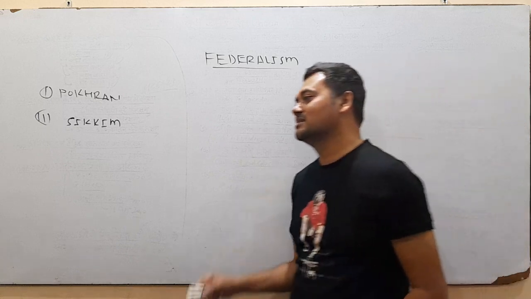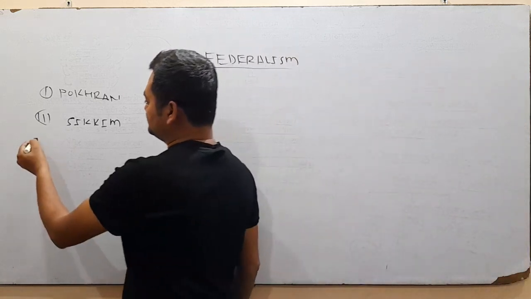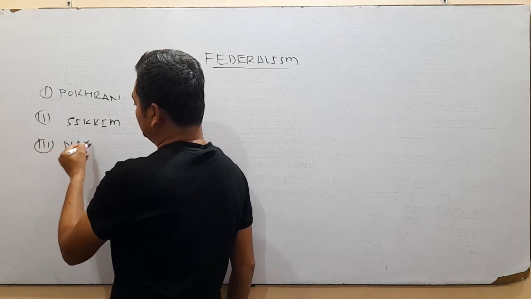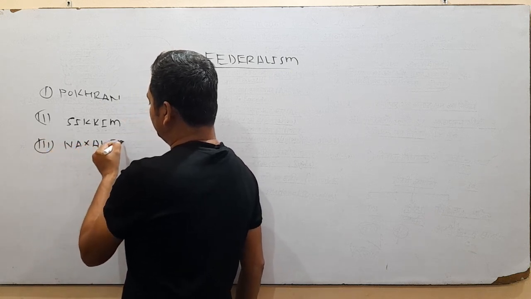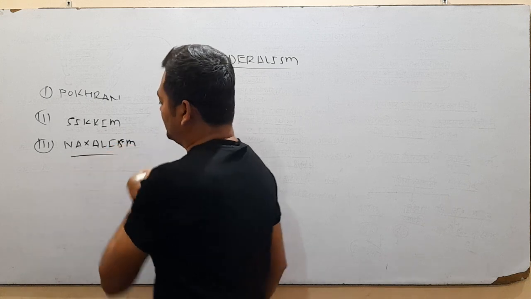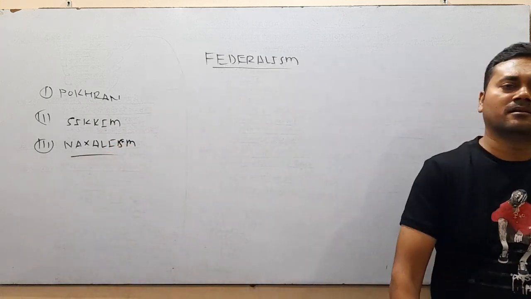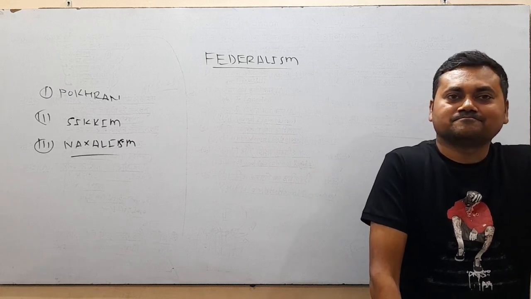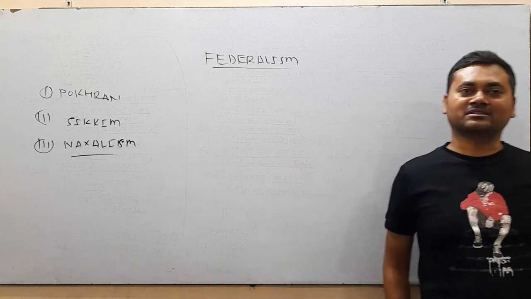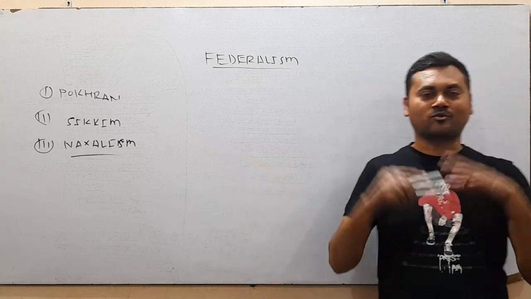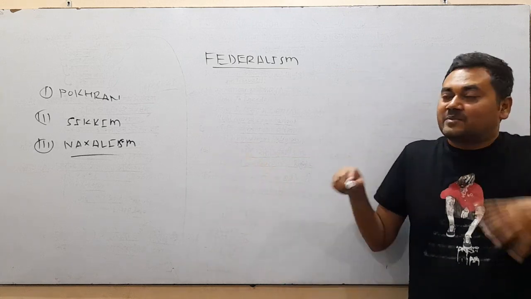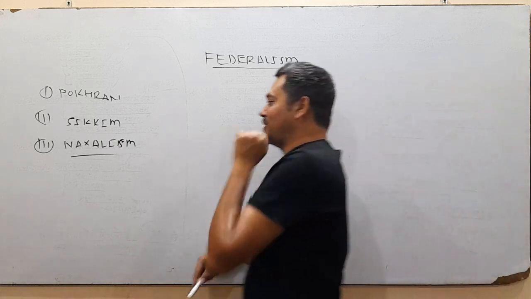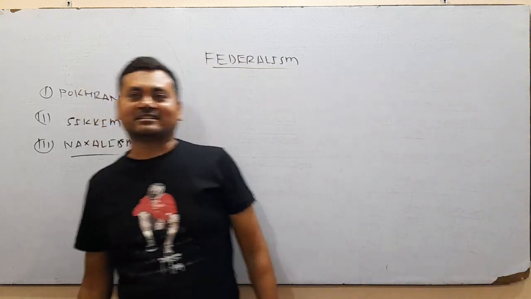Now the third situation is related to Naxalism. States like Odisha, Andhra Pradesh and Chhattisgarh are facing this problem of Naxalism, and the respective state governments designed a policy to tackle or fight this Naxalism.